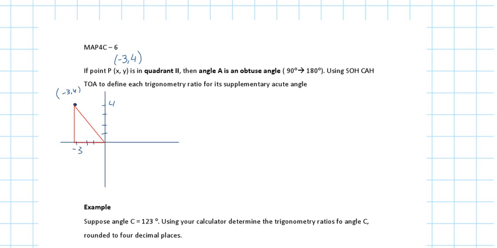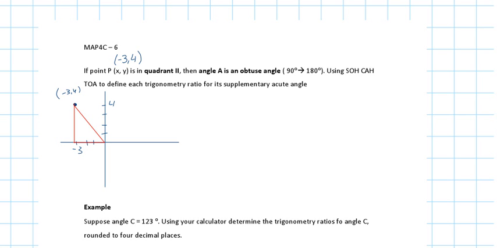Now you see that triangle. If I'm asking you for your angle, I'm looking at the primary angle, the angle that you're looking for. Where do we measure our angle from?